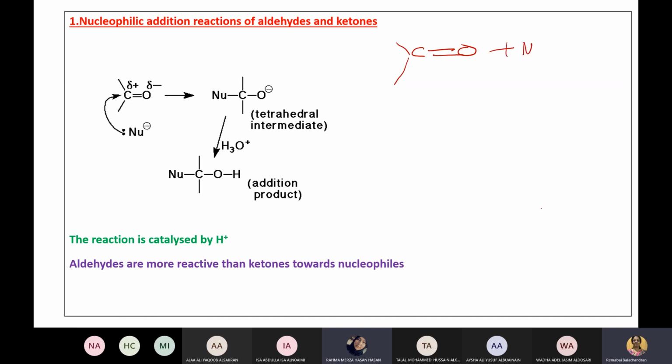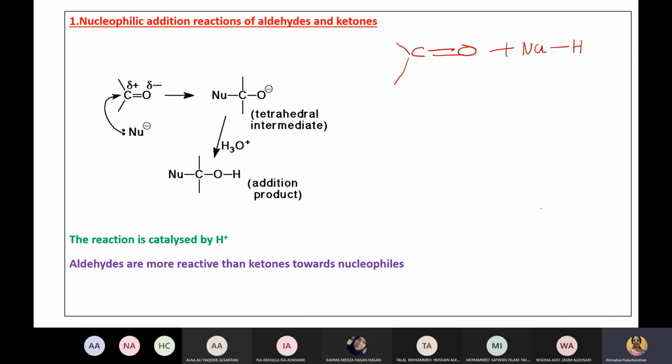Substitution. Yes, you know the difference between substitution and addition. Substitution means one is coming in, another one is going out. One atom or one group is replaced by another group. That is the meaning of substitution. Addition means it's not like that. We are not replacing something, we just add.